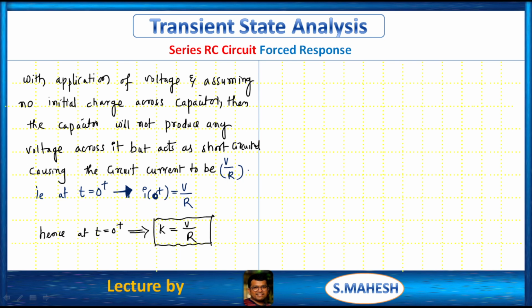Already we did this in case of RL circuit. Just we have to substitute when t is equals to 0, i is equals to V by R. Finally we have K is equals to V by R. Therefore, what is our observation? Force response we have to get. Force response i, which is equals to V by R e power minus t by RC.